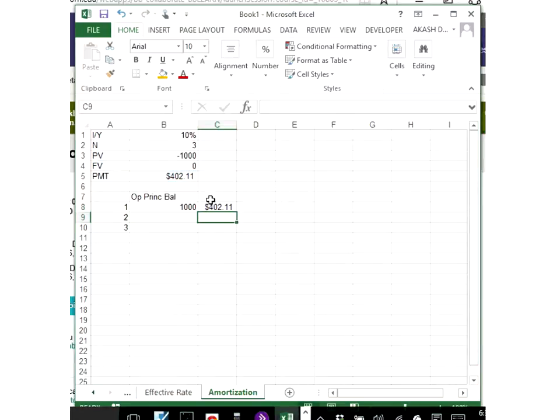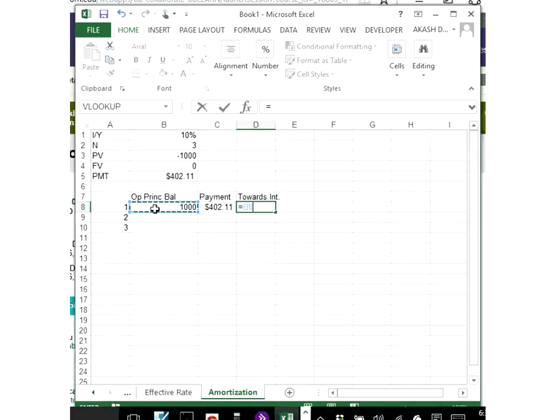You will pay a payment of 402.11, and your interest towards interest is going to be $100.